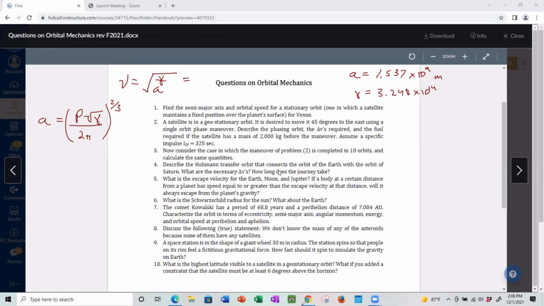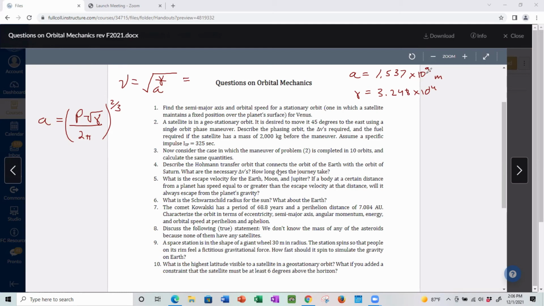I keep getting 0.011. It's 3.248 times 10 to the 14, right? Divided by 1.537 times 10 to the 9.